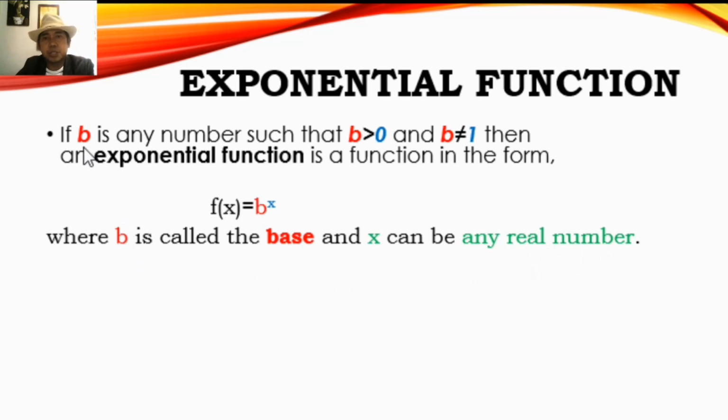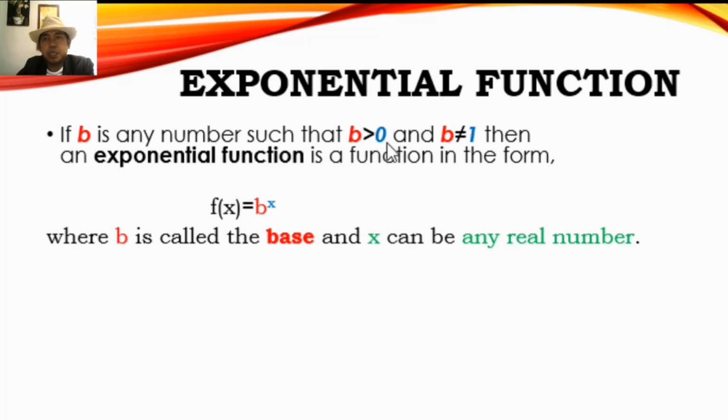Now you notice that b must not be equal to 1, but b must be greater than 0. So I repeat, the base, which is represented by the alphabet b, must be greater than 0.